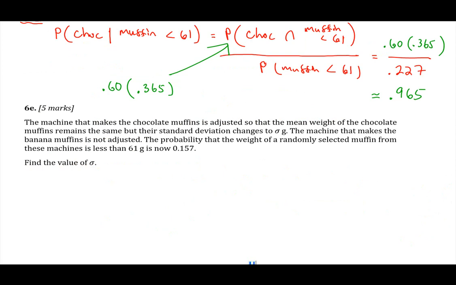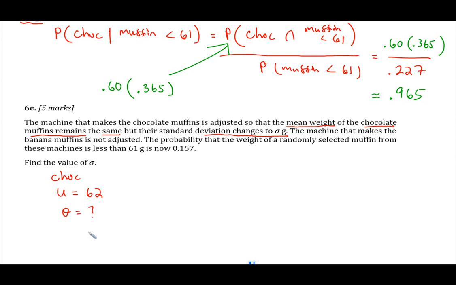Okay, so let's take a look at part E. The machine that makes the chocolate muffins is adjusted so that the mean weight of the chocolate muffins remains the same, but the standard deviation changes. So for chocolate muffins, the mean stays the same, which earlier they gave us was 62, but the standard deviation is going to change.